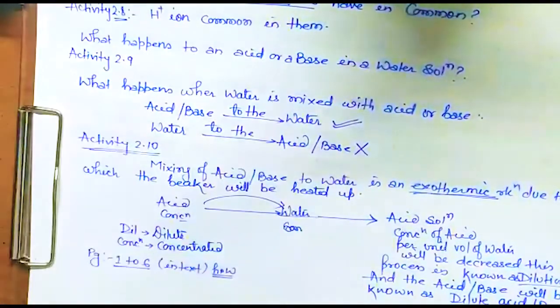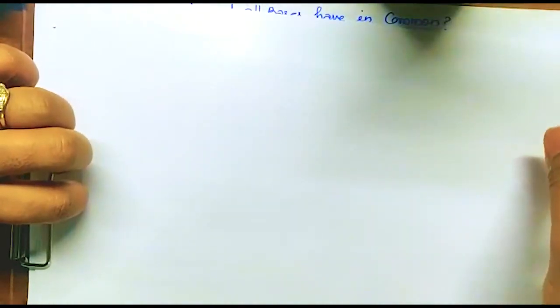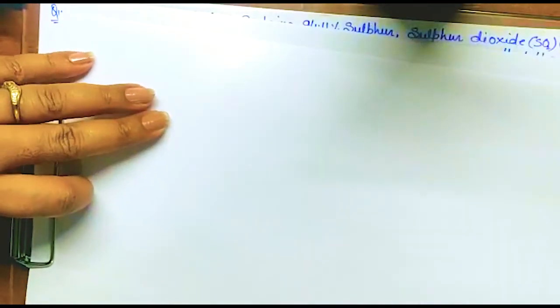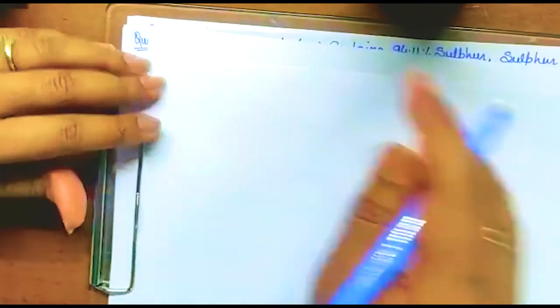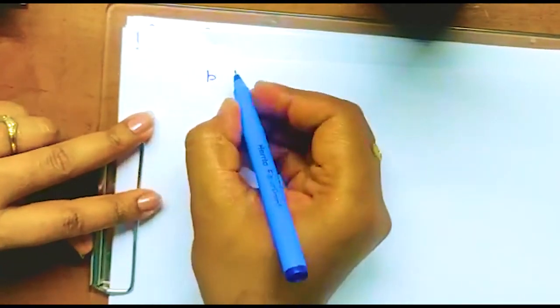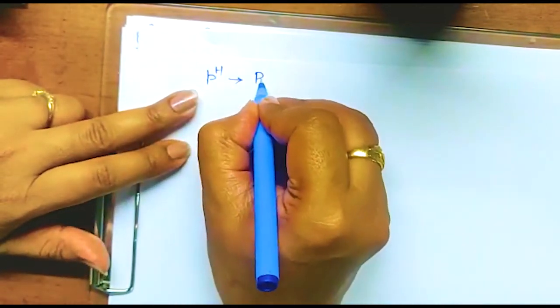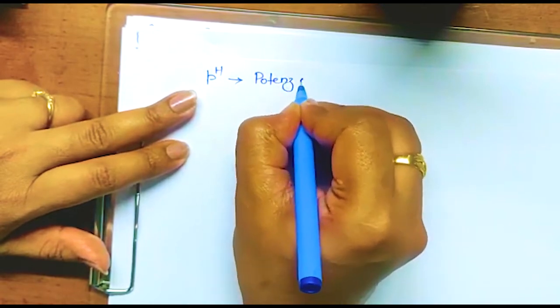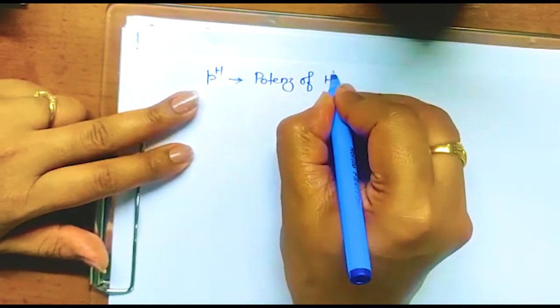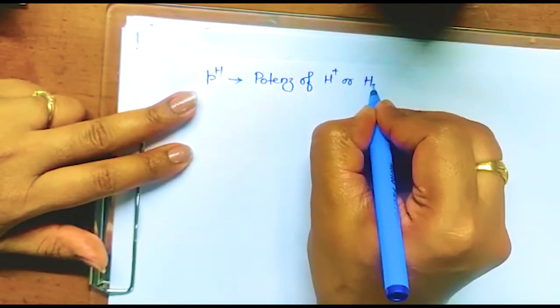Okay, so what do you mean by pH? See, pH is the abbreviation for potential of H plus or hydronium ion.